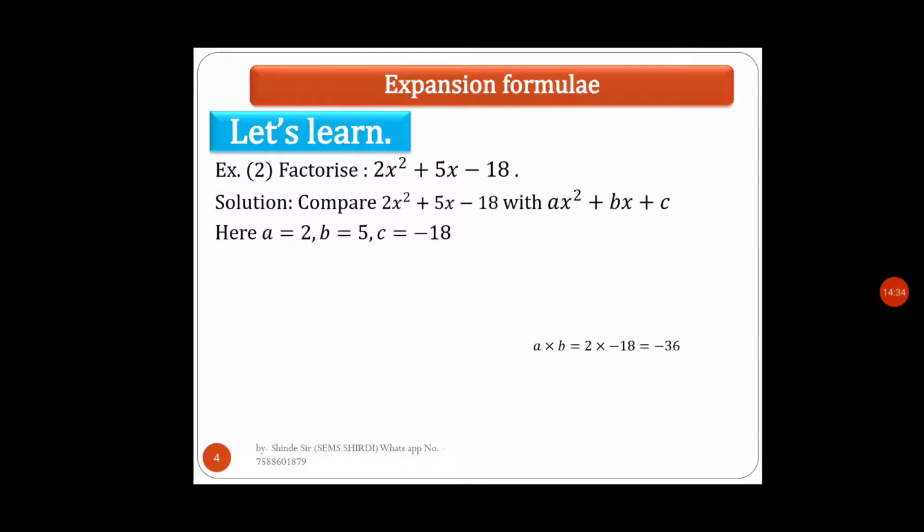We require the 5 and we require the product is minus. You know the rules of the multiplication of the integers: if the bigger number is negative and the smaller is positive, then the product is negative.